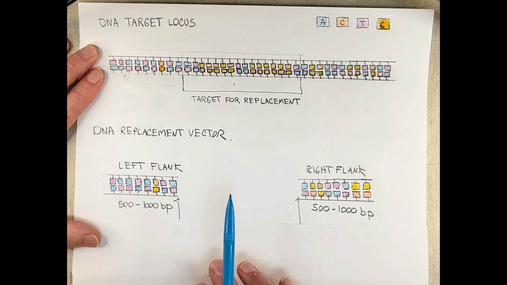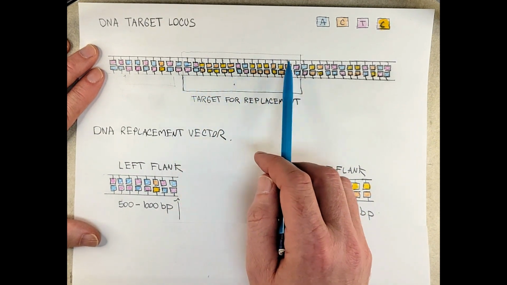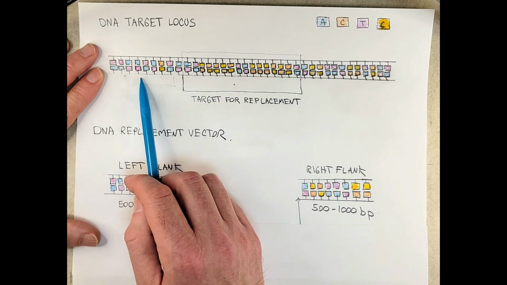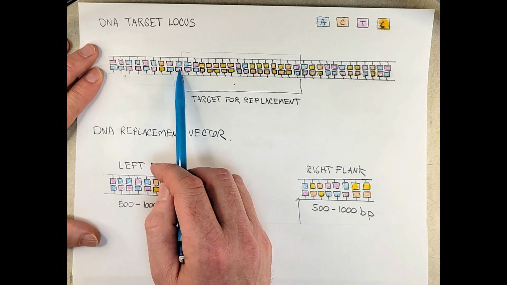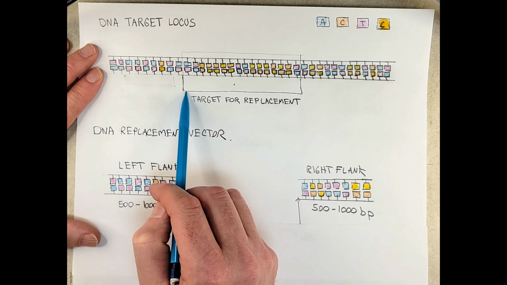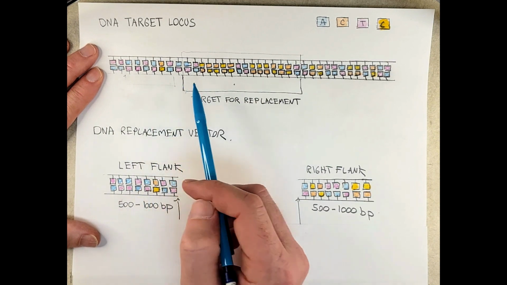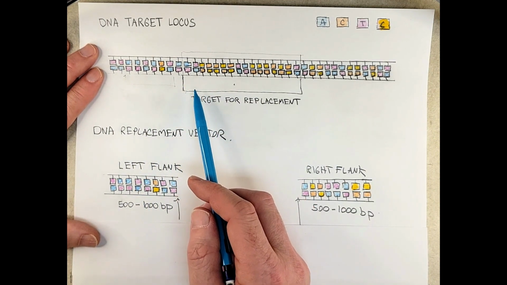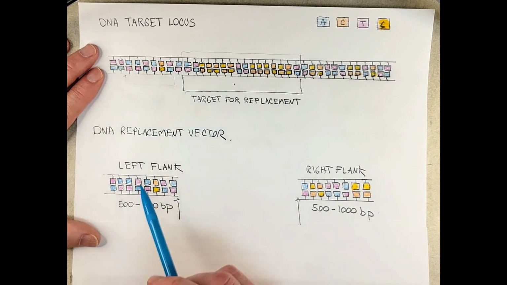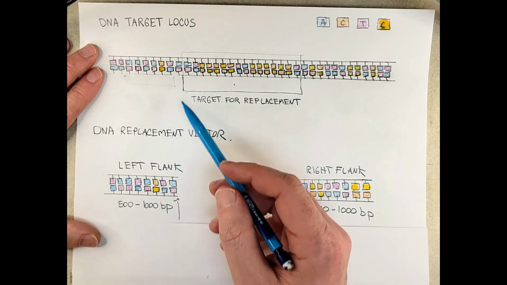So let's say we want to replace this sequence right here. Well, in order to do that, we would need 500 to 1,000 base pairs of DNA that matches the sequence to the left of the target. So we would call that the left flank. Now, in reality, the DNA replacement vector will use a left flank that is, let's say, 500 to 1,000 base pairs long.